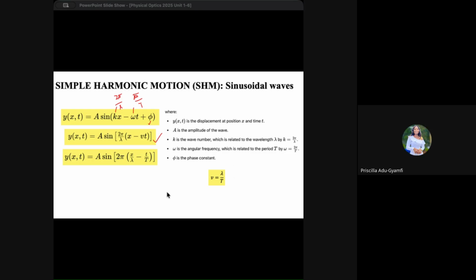So I had the third equation, not the second equation. Okay. I'm waiting for Madam Patience to finish, then we'll continue.